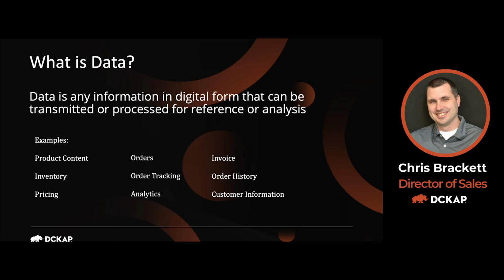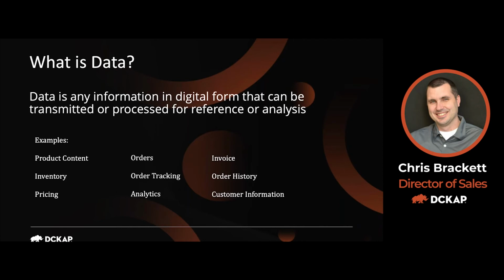A few examples of data are product content, like for e-commerce, descriptions, attributes, titles, names, maybe PDF documents to go with it, and other forms of digital data such as your inventory levels, your pricing, order information, order tracking, invoicing, and your customer information.